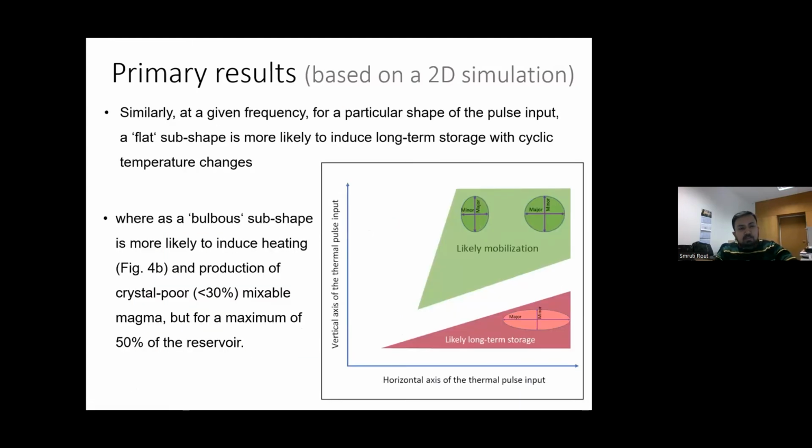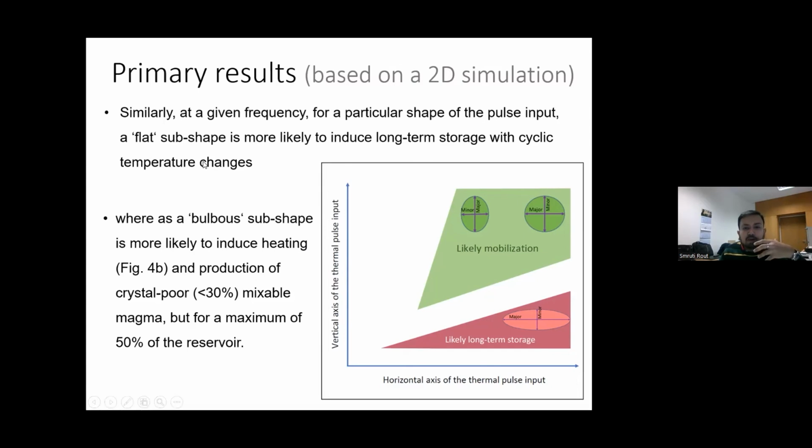And similarly, a flat subshape, for example in the case of an ellipse, seems to be the most fitting subshape for the thermal pulse if one were to induce long-term storage with cyclic temperature changes.